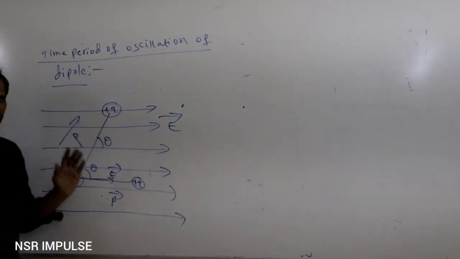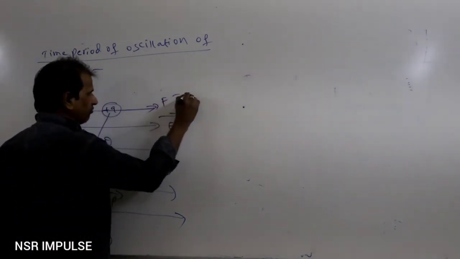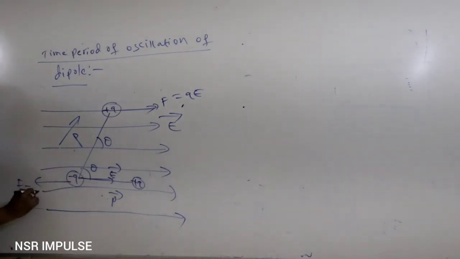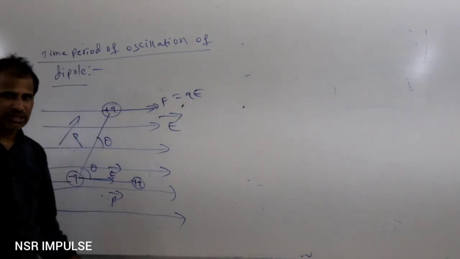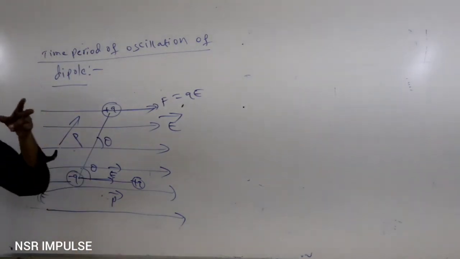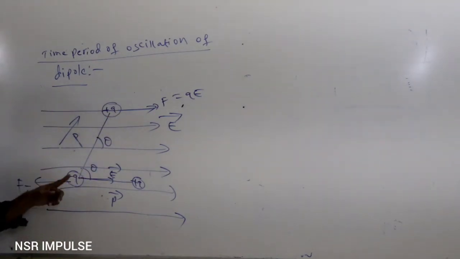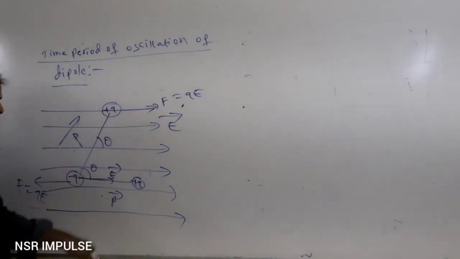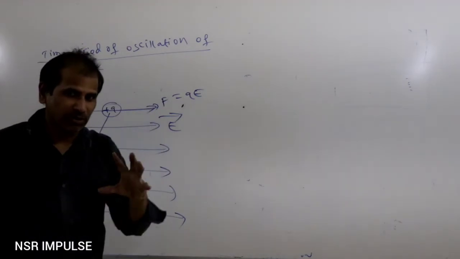When it is left free, in this direction force F is equal to QE and in the other direction force F is equal to QE. On the positive charge the force is in the direction of the electric field, on the negative charge it is in the opposite direction. These two forces acting on the same dipole, with a perpendicular distance between them, develop a couple.